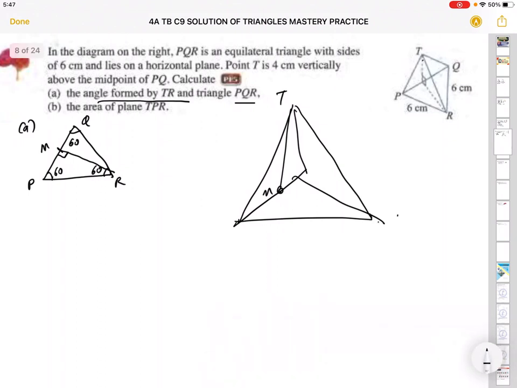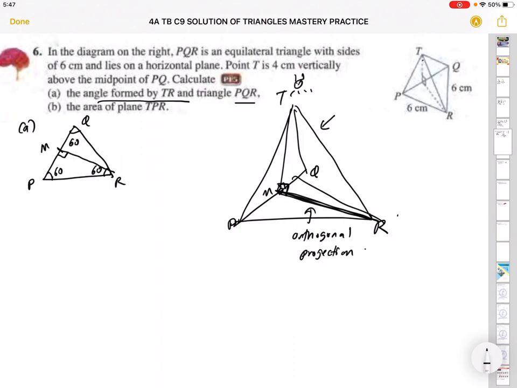If you shine a light bulb downwards, the shadow of TR will fall onto this line MR. So the angle between a line and a plane is what we call the angle between the line and its orthogonal projection. In layman's terms, we say the shadow of line TR will fall on line MR, where M is the midpoint of PQ, where T is perpendicular above M. So this is 90 degrees here as well, right?